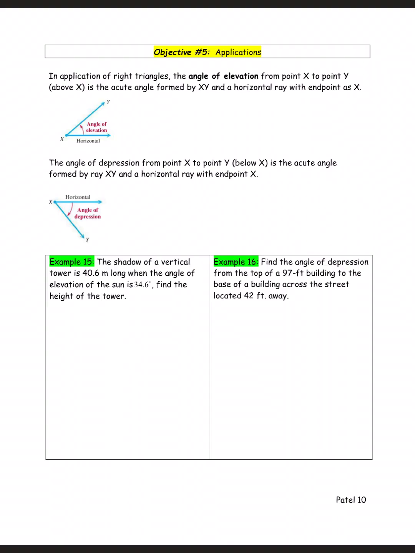So we have a shadow of a vertical tower that's 40.6 meters long when the angle of elevation of the sun is 34.6 degrees. We want to find the height of the tower. So here's my building, and it casts a shadow of 40.6 meters.